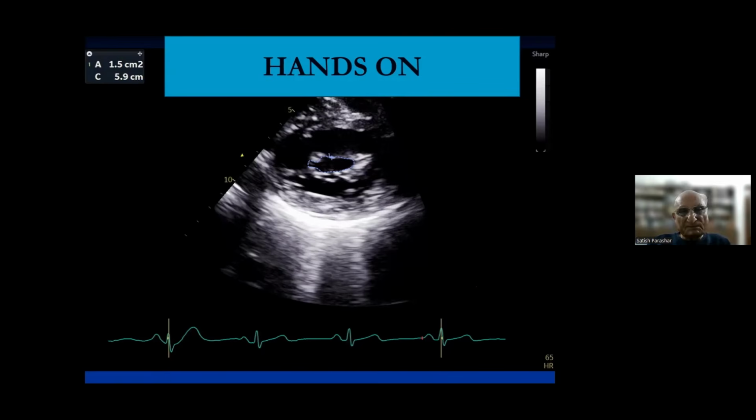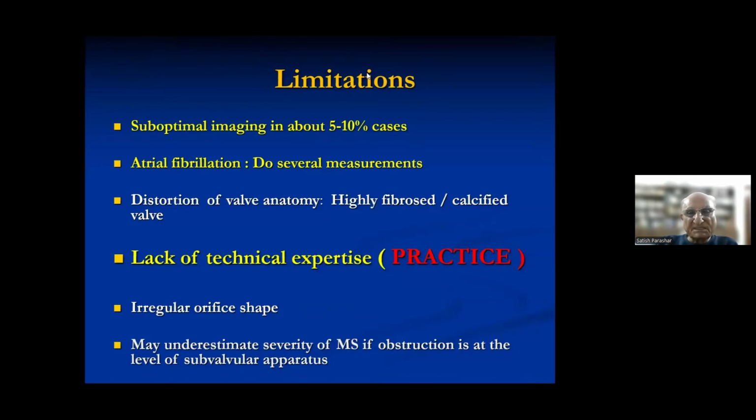You see, in a short axis view we take and trace the mitral valve area, with this anterior and this posterior leaflet. It is about 1.5 centimeters squared. The various limitations will be told to you, but I must say this mostly applies to you: lack of technical expertise. Therefore, practice, practice, practice.